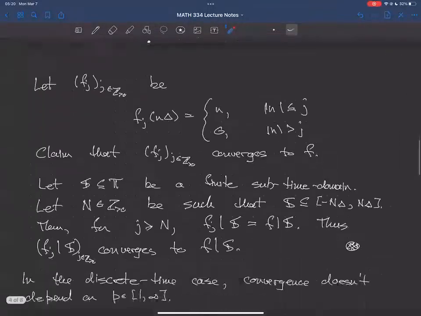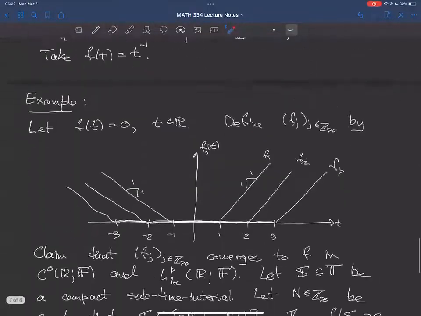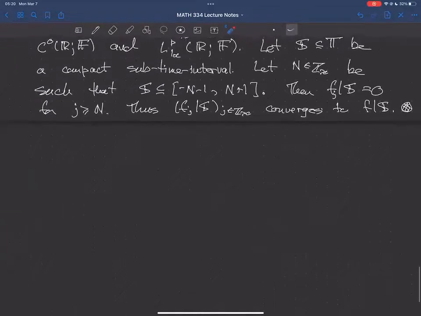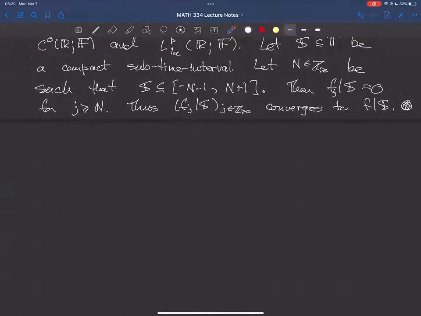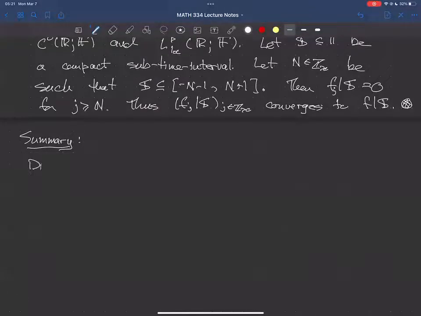All right, so that's everything I wanted to say about signals in the normal sense of the word. So maybe it's a good idea to summarize where I'm at. In the discrete time case, we have these Banach spaces of signals.